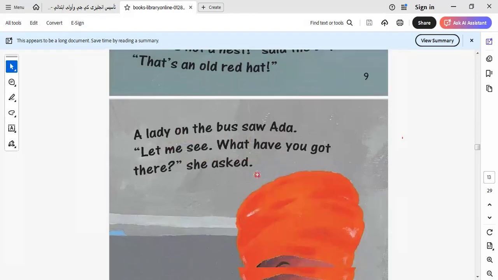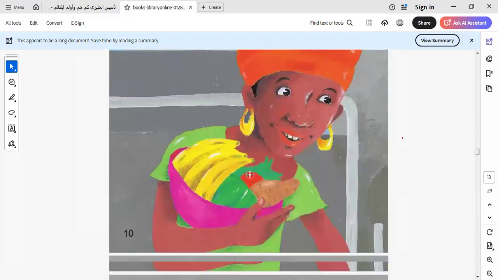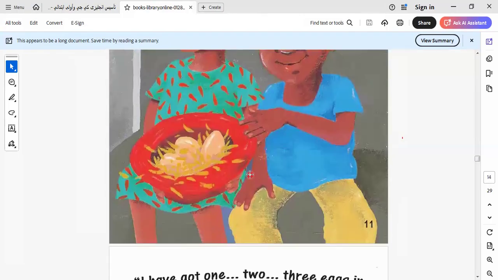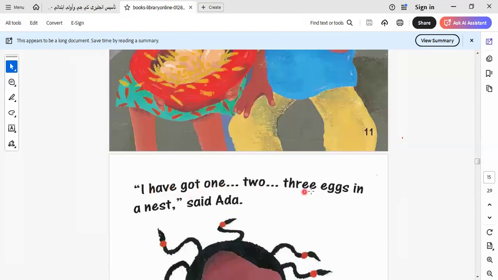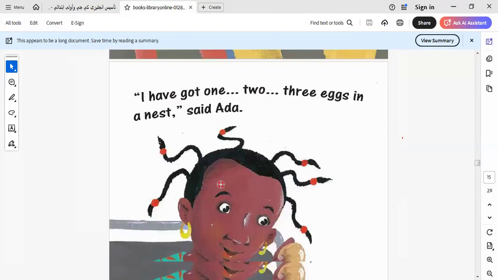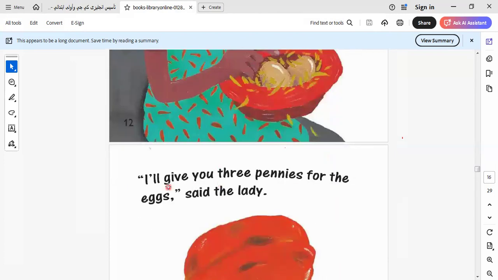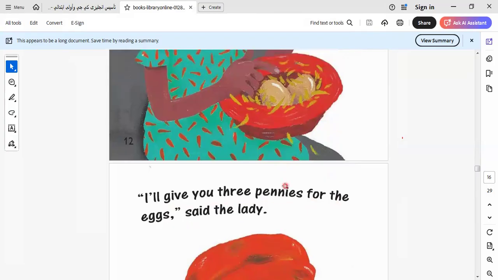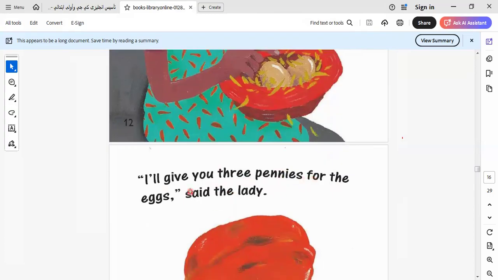Let me see. What have you got there? She asked. I have got 1, 2, 3 eggs in the nest, said Ada. I will give you 3 pennies for the eggs. Pennies are a kind of money. 3 pennies for the eggs, said the lady.